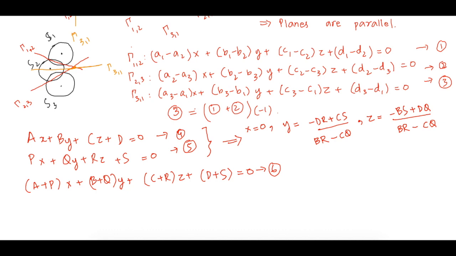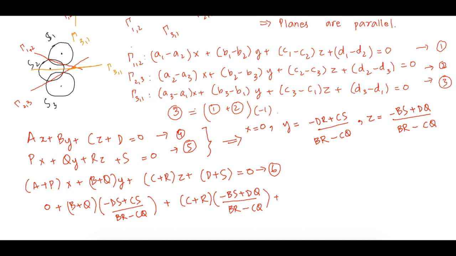We put this point 0, this and this here, so this becomes 0, and then we are left with b plus q times minus dr plus cs divided by br minus cq, plus c plus r times minus bs plus dq over br minus cq, plus d plus s. This is equal to 0.